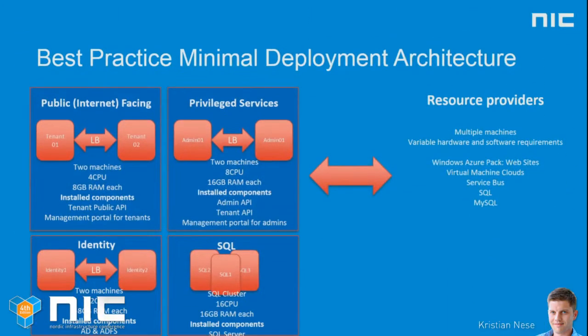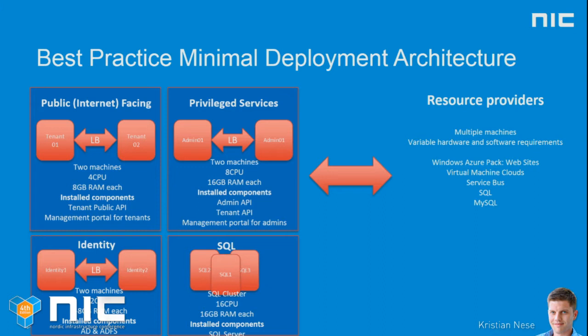But what we are seeing today is more or less this deployment model being used. Here we have at least 2 virtual machines covering the public internet-facing part. This is where we have installed the tenant public API and the management portal for the tenants. This is accessible and exposed on the internet, okay?